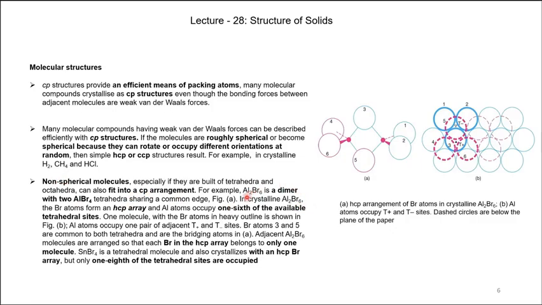If we take the example of the aluminum bromide dimer, Al2Br6, it is two aluminum tetrahedra AlBr4 sharing a common edge. We can see that in figure A. That is what figure A is.